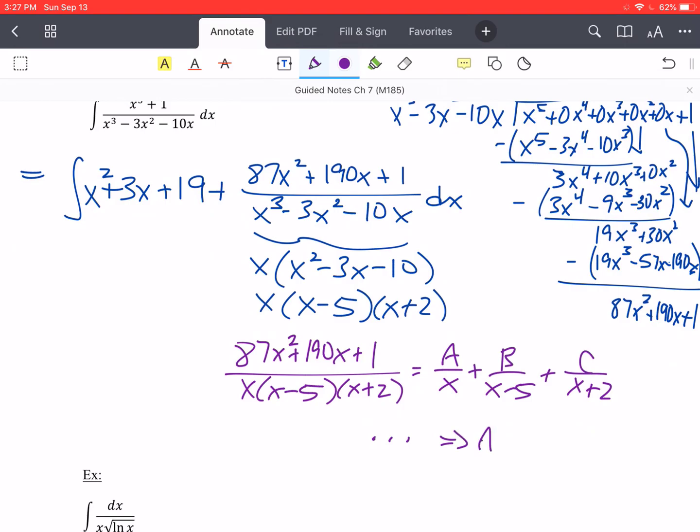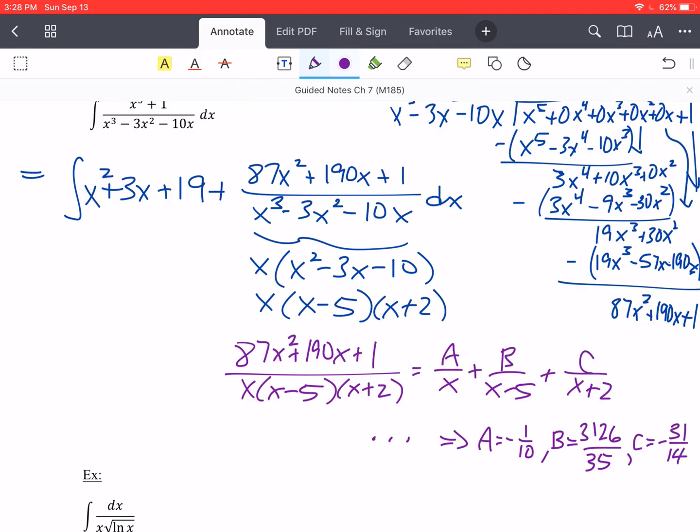If we go through the work, we get A is negative 1/10. B is 3,126 over 35. And C is negative 31 over 14.